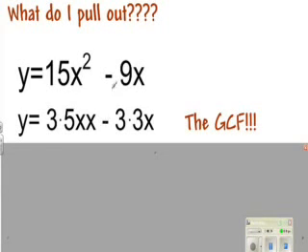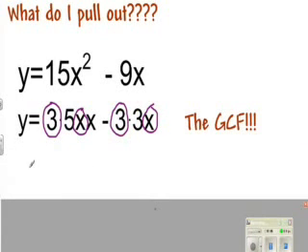Then we're going to subtract. Here's our other term. 3 times 3 is 9, and an x. Now when you look at these two terms, all prime factored out, it's easy to see they both have 3. And then it's easy to see they both have an x. So that's what you're going to pull out. You're going to pull out the 3x.